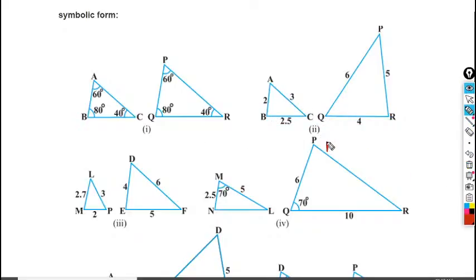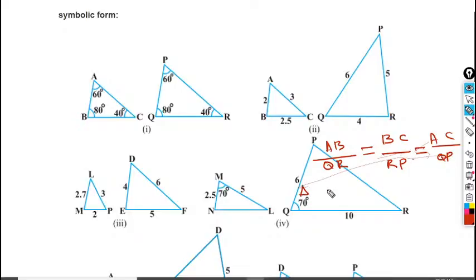You can write here AB by QR equal to BC by RP equal to AC by QP. Therefore, triangle ABC, you have to see the correspondence.